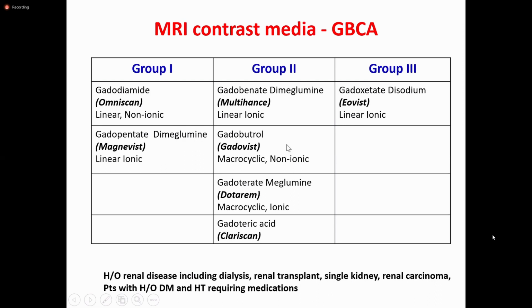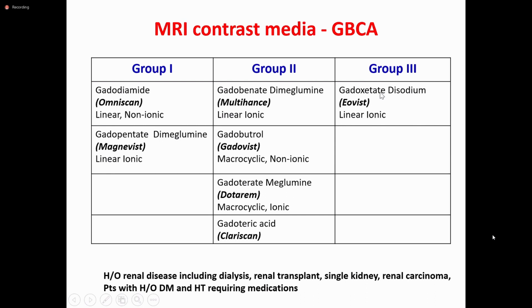Preferable will be a macrocyclic, because the gadolinium is trapped between oxygen and nitrogen and will not escape into the bloodstream, so free cellular uptake of gadolinium will not happen. But you'll have to interact with your radiologist as to what contrast you need to give. The most preferable will be group 3.